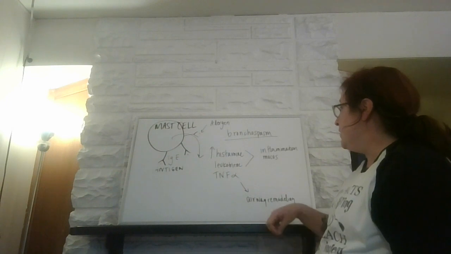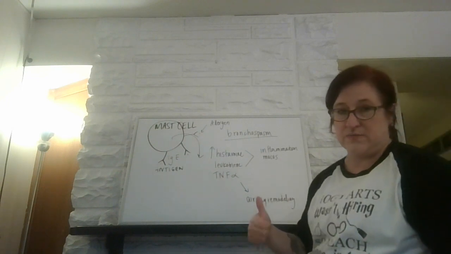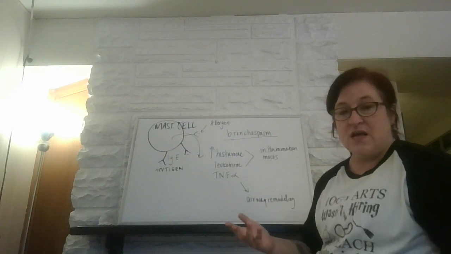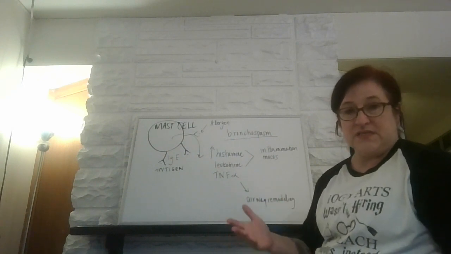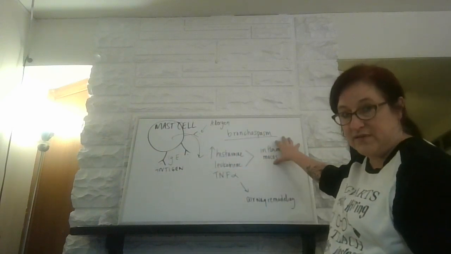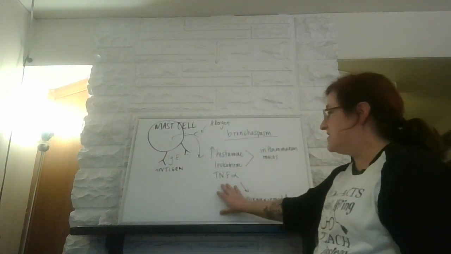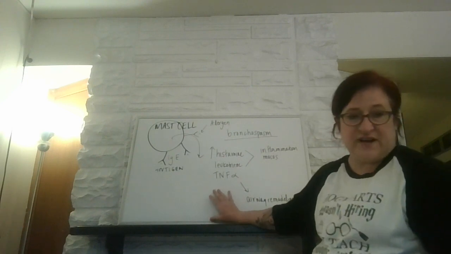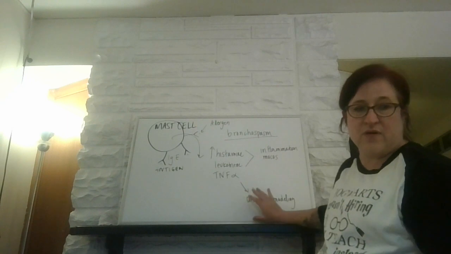So we end up with bronchospasm, cough, inflammation. And that's what happens when a person who has asthma is exposed to their trigger, then they get that overwhelming response.